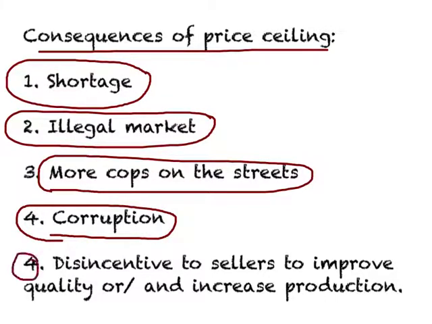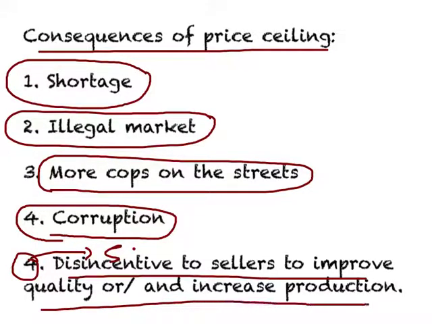This should be 5, so let me just change this to 5. And when the price is so low, there's a disincentive for sellers to improve quality and increase production. So these are some consequences and important ones of price ceiling.